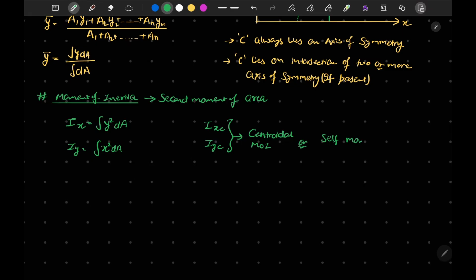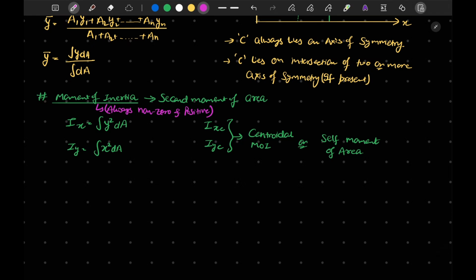Now this moment of inertia can never be zero, it is always non-zero and positive. So moment of inertia is always a non-zero and positive value.